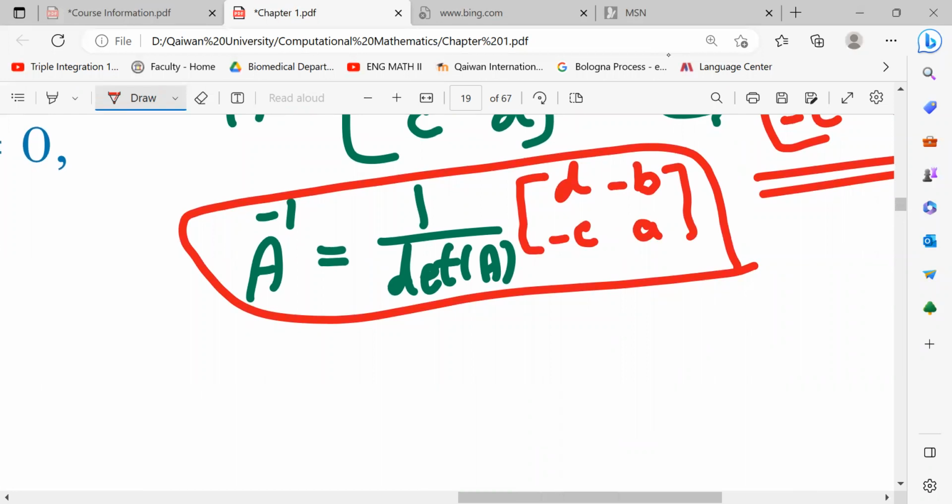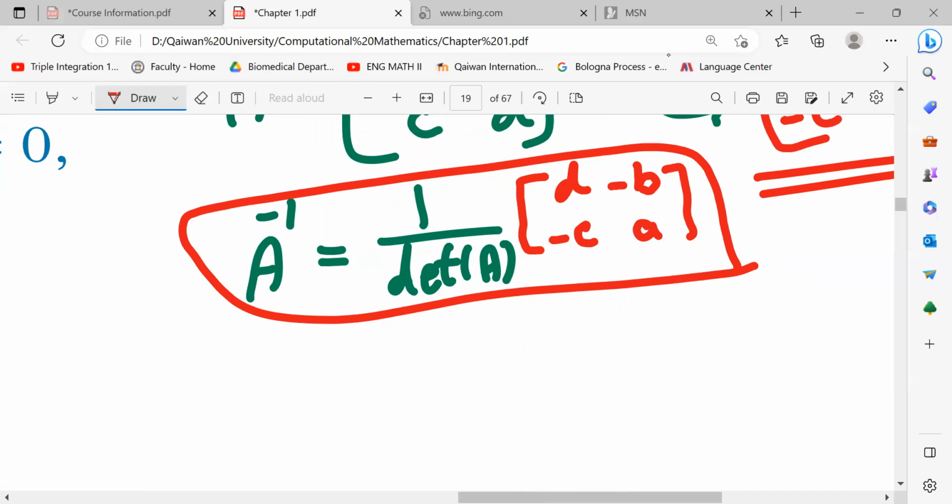Here the inverse of a matrix is a matrix of the same size as the given matrix. We can find the inverse of a matrix only if it's square, because we need to find its determinant, and we already talked about the determinant: the matrix must be square, then we can find its determinant. So the matrix must be square and the determinant must not be 0.